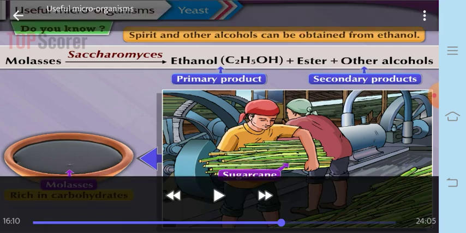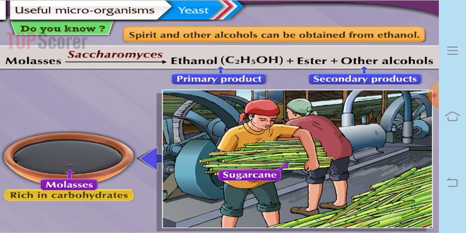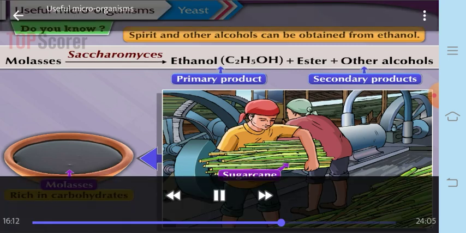Even spirit, you might have heard about spirit, right? Spirit is the one which is used to sterilize or clean your hands or kill the germs from your hands. So clinical spirit, as we say, is also prepared from ethanol. Spirit and other alcohols can be obtained from ethanol. Fine.